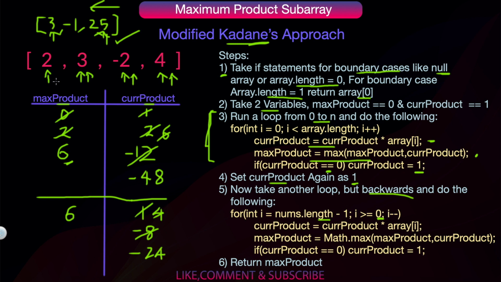Now at 2, minus 24 into 2, we get minus 48. So our fifth step is done. Now our sixth step, we'll return the max product. So 6 is our max product, we'll return it and it is the correct answer.